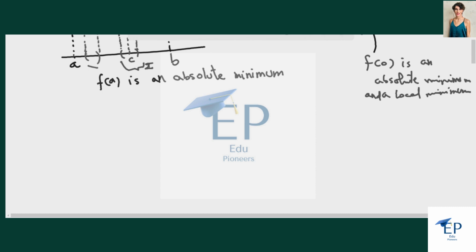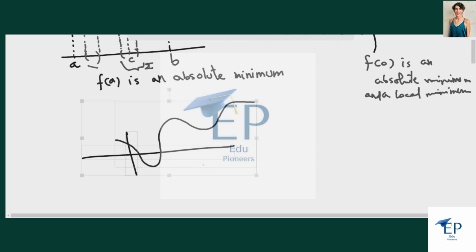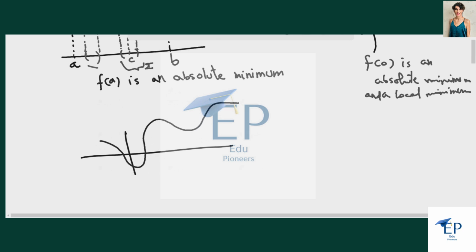For example, let's put another example. If we have a function like this, and the domain of the function is this interval here, AB.